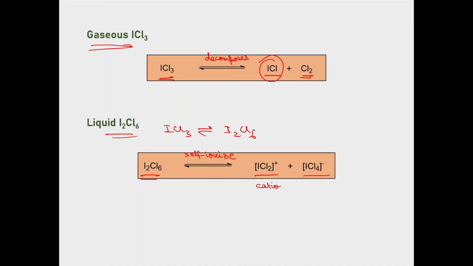So cation and anion are present. Because of the presence of these ions, this liquid I2Cl6 can conduct electricity.